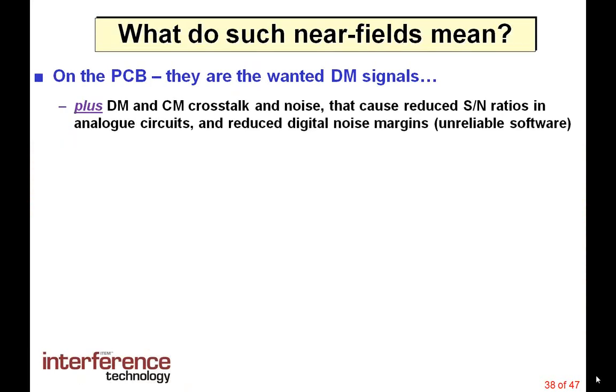So what can we do? Well, we have to realize that when we hold our probe near the PCB, what we're measuring is the wanted differential mode signals. And we also see differential mode and common mode crosstalk and noise that causes reduced signal-to-noise ratios in analog circuits and reduced digital noise margins in digital circuits, which means unreliable software.